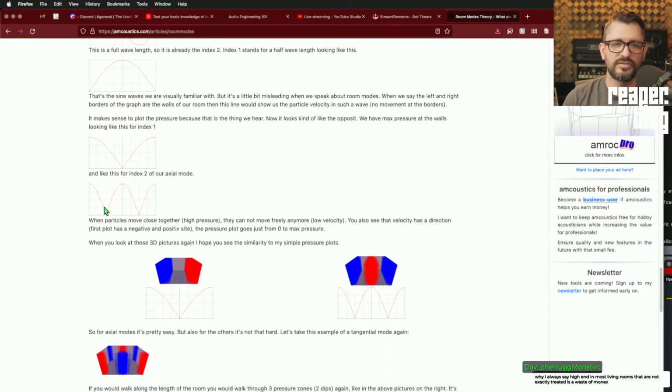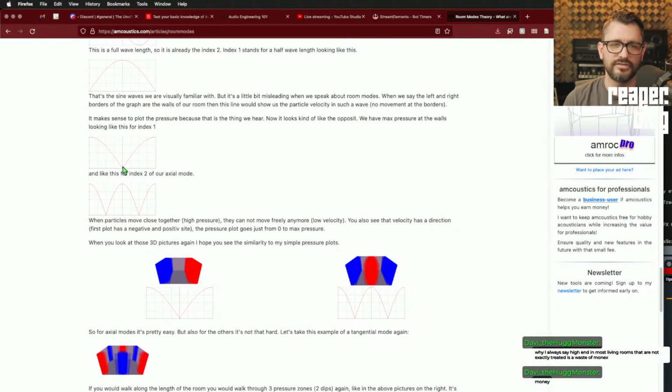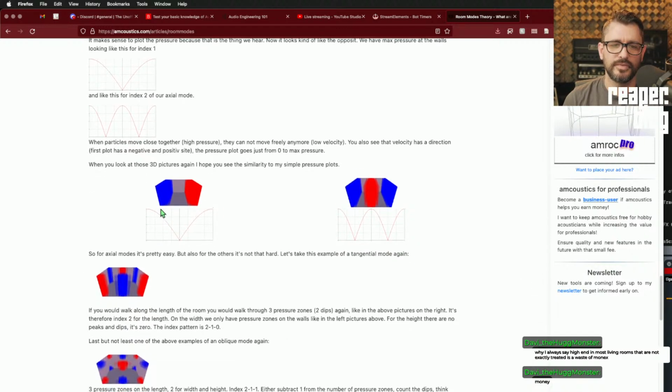If that frequency divides exactly right with your dimensions, the waveform just has a complete dead spot in the center of the room. If it's divided by 4, then you'd have 2 dead spots and you'd have a boost right in the center. And so with the blue and the red here, that's what that looks like. Or if you have a boost, that's like that.